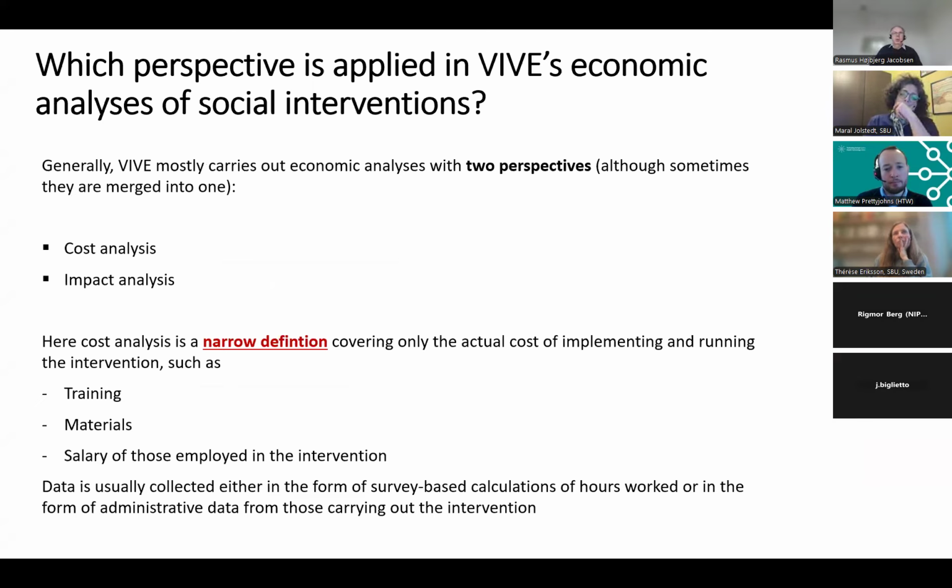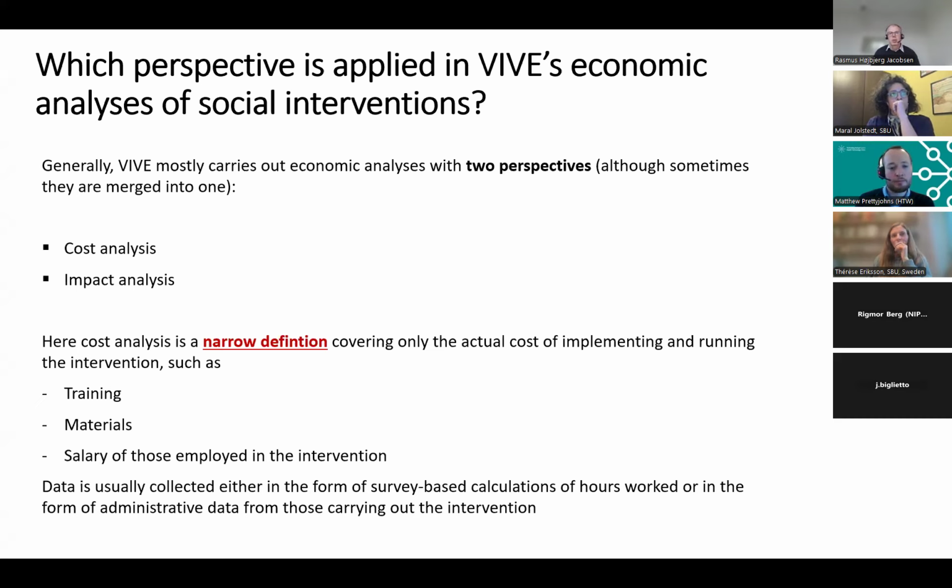So what perspective is used in our economic analysis? Generally, we mostly handle two perspectives, although sometimes, as I have written here, they are merged into one: cost analysis and impact analysis. We use a narrow definition of cost analysis, in the sense that it's more an intervention cost.